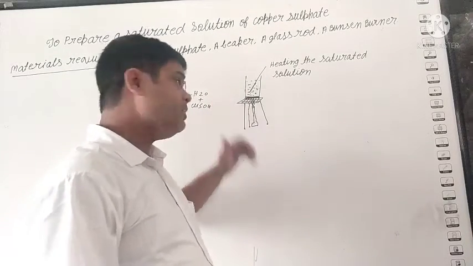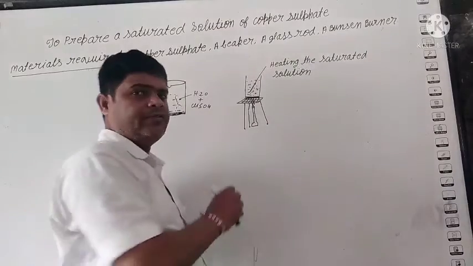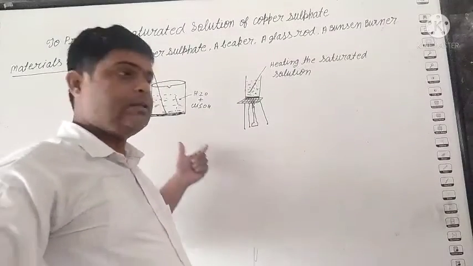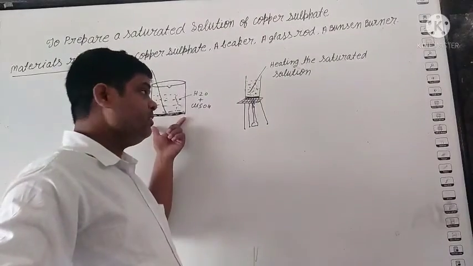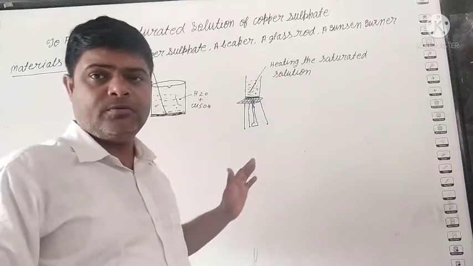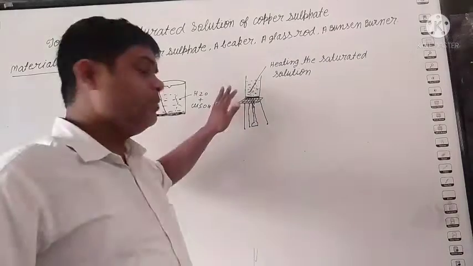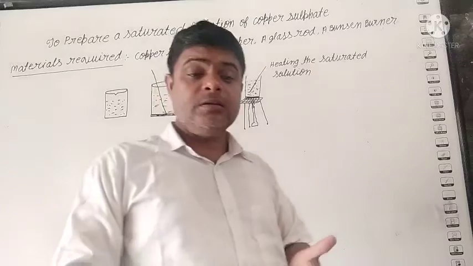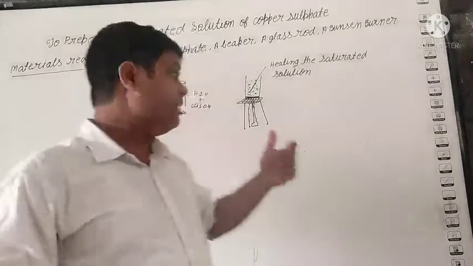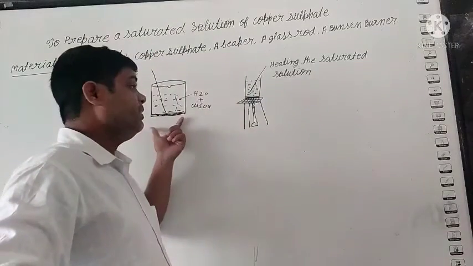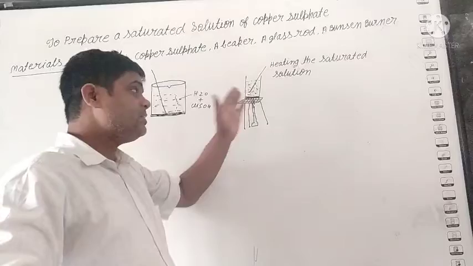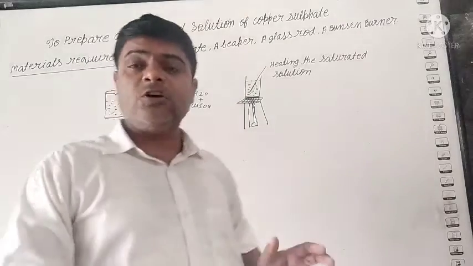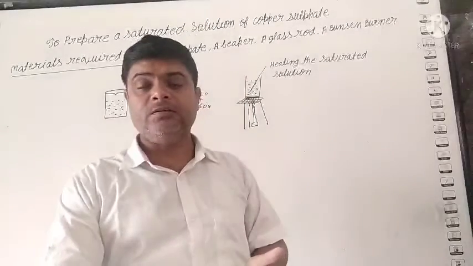We observe that the remaining copper sulfate settled on the base of the beaker dissolves. It becomes dissolved. So the observation is that when we add copper sulfate and heat, the copper sulfate dissolves in the water.